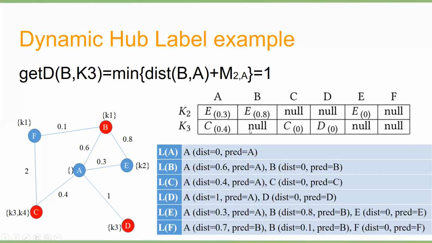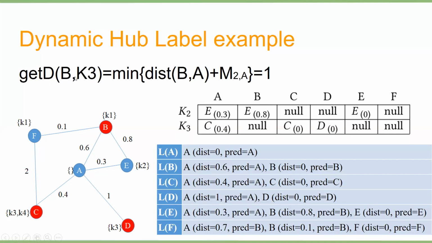And we hash B to the location, which is none. So the only option is to go through vertex A, and the corresponding pair is B and C. Now we know the shortest node pair is B and C. We can directly use get shortest path to retrieve the shortest path.